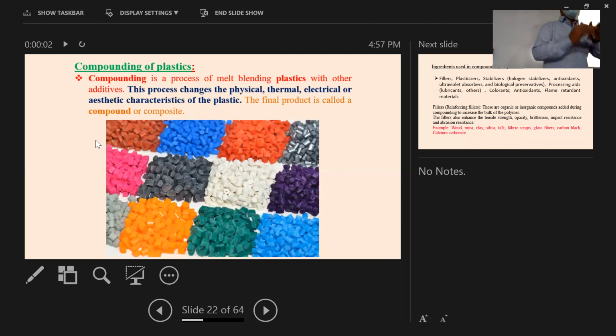That means you may have a certain compound and you can change the property by adding some other ingredients. This process changes the physical, thermal, electrical, or aesthetic characteristics of the plastic. That means we can change the characteristics we need, because sometimes you may need insulation, for example in electric cables or internet cables.